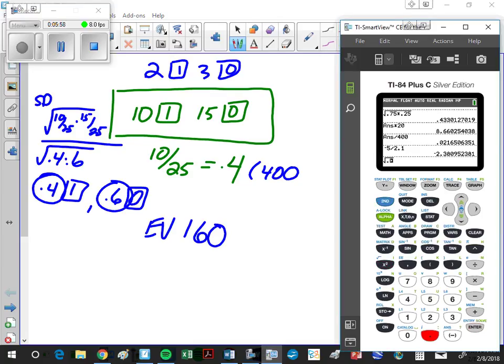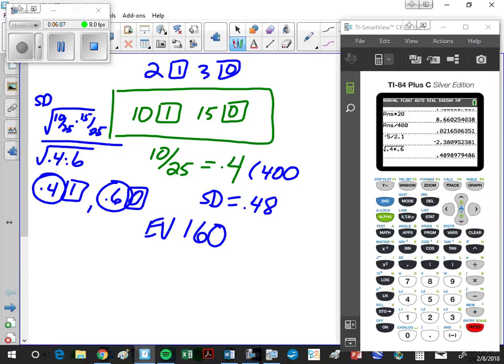So the square root of 0.4 times 0.6 is an SD of 0.4898. And I need to multiply that by the square root of 400, so times 20, and I get 160 plus or minus 9.79. That answers A.